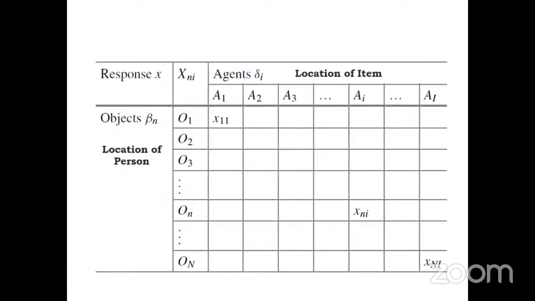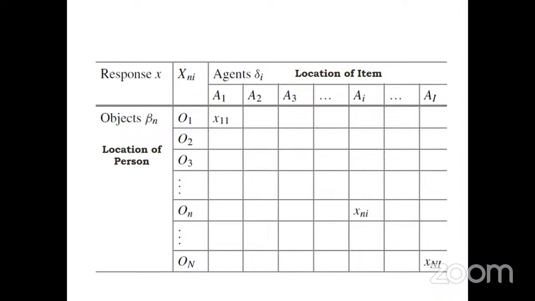If you are trying to graphically represent it, it looks something like this. If you look row wise, you are getting an agent, considering the location of items, which is represented by delta i, as per the Rasch model.